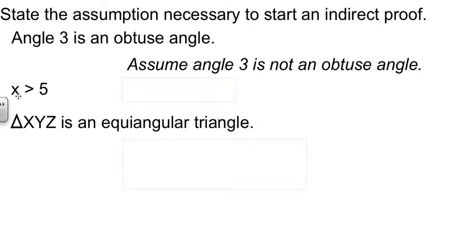If they gave me a statement, x is greater than 5, I need to assume that x is less than or equal to 5. I can't just say assume it's less than 5, because I've left out the possibility of 5. Okay, when you do your opposite, you have to make sure you're covering anything that could be opposite of what you're talking about.